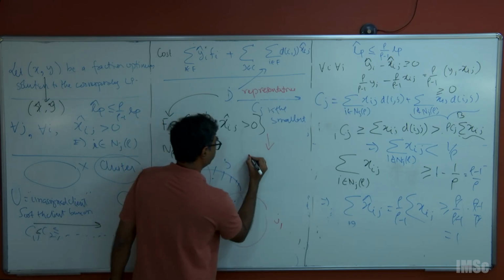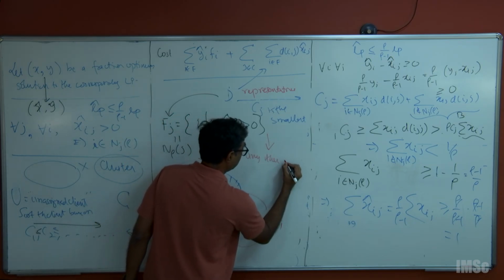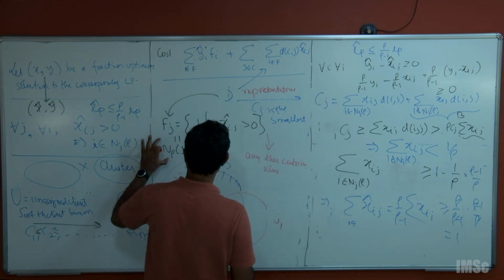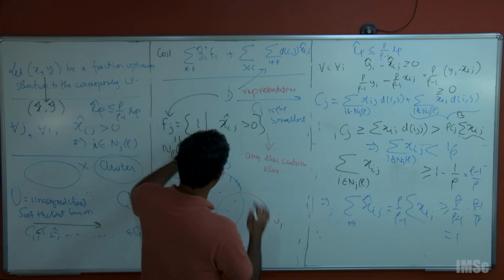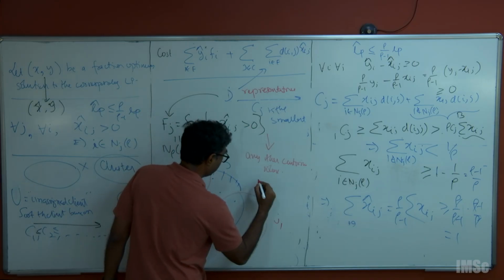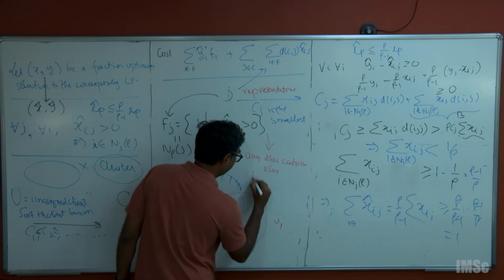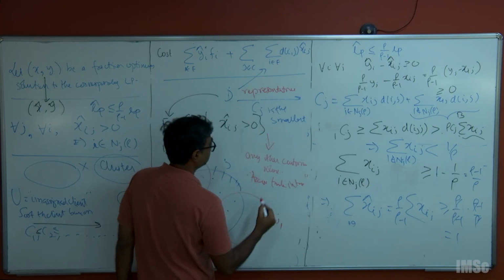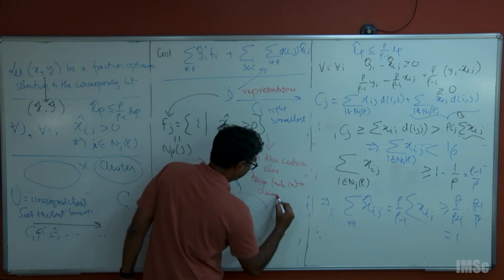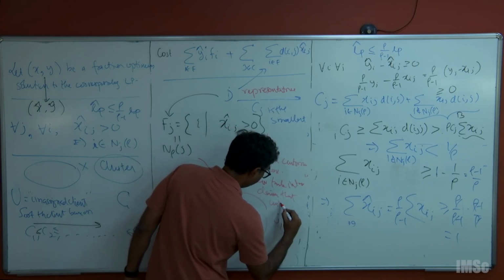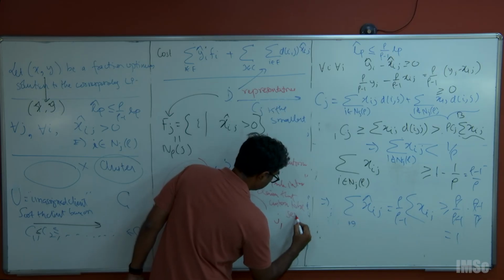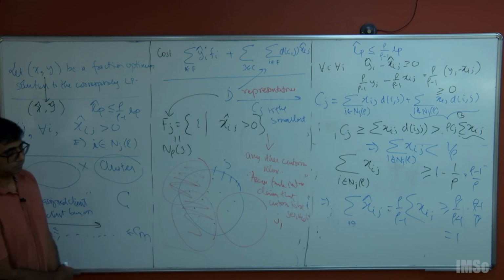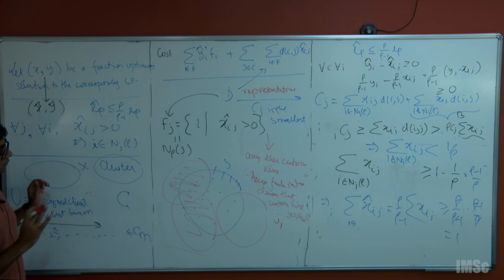Any other customer whose N rho j or corresponding x_ij hat, whose accessible facility, intersects, claim that customer to be served. Is that fine? And I am done.